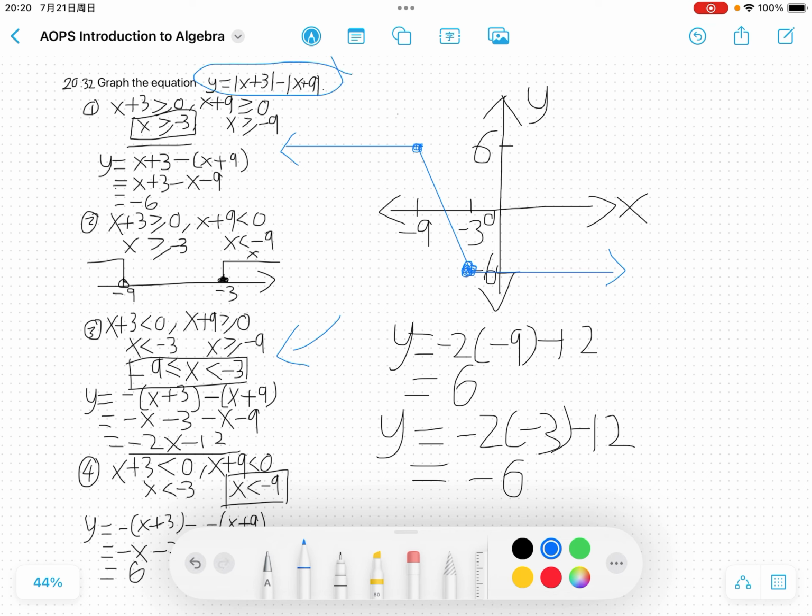When you face this type of question, be particularly careful and order your casework, and remember to use a number line if you're confused or if the problem takes a long time to solve. I hope you learned something from this problem. This is AoPS Introduction to Algebra, problem 20.32, about absolute values and graphing them. So beware to do casework, and bye.